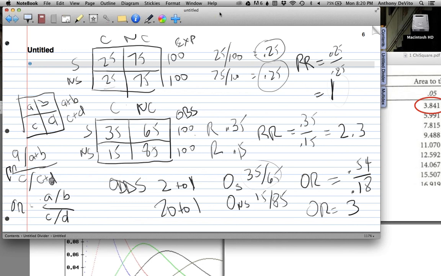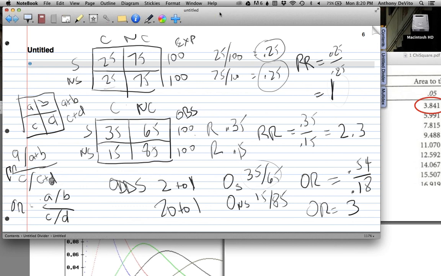The hard part is calculating the confidence interval. And how do you calculate the confidence interval? Well, for your purposes, we're going to use software to do that. Now you could calculate it, because what are we dealing with here?